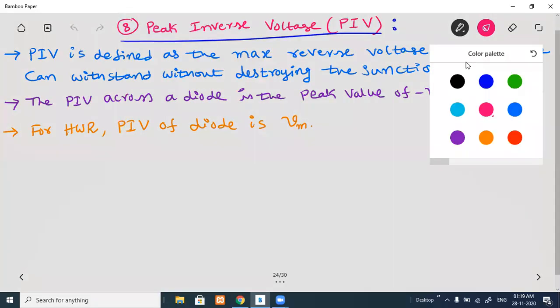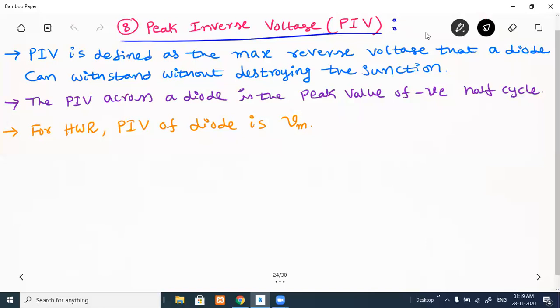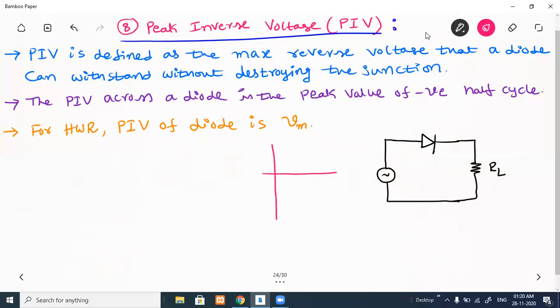So let me draw the diagram. So this is the diode used in the rectifier circuit, and for this we are applying the AC signal, and there is a load RL. So here the input is negative half cycle.